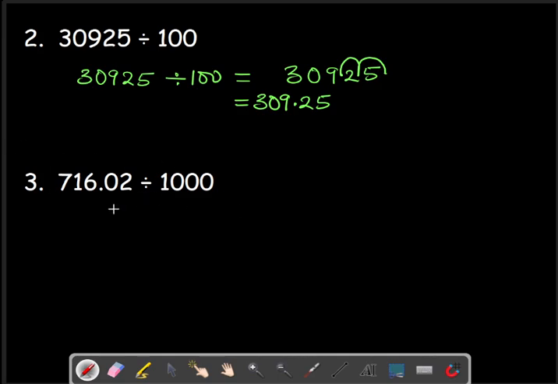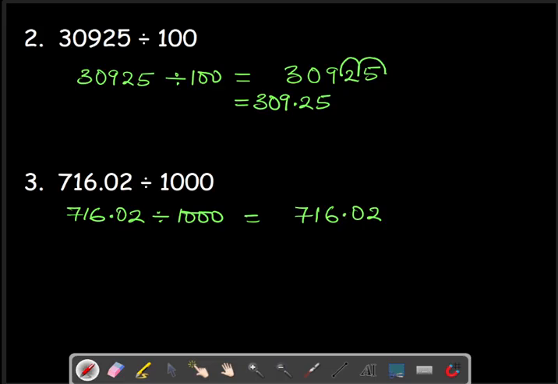And then number 3, now this one is a decimal: 716.02 divided by 1000. Our point is here.